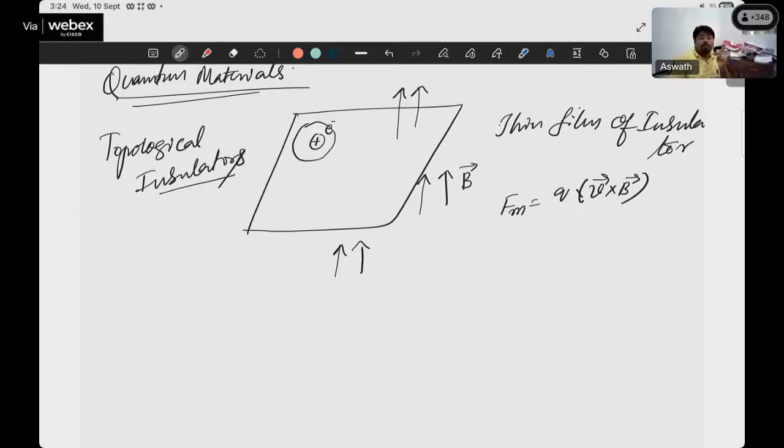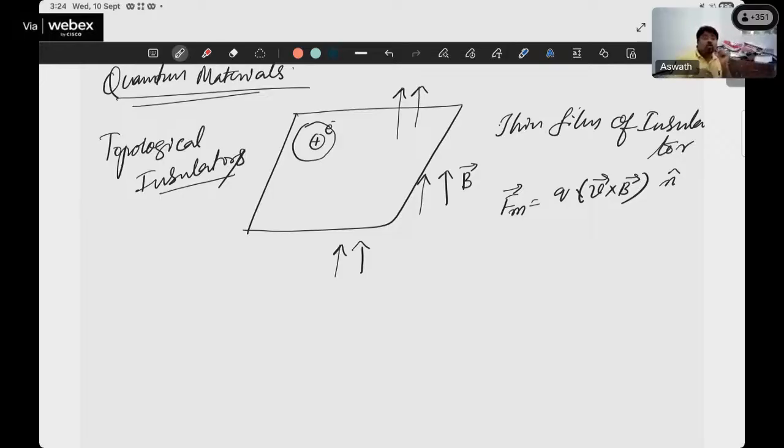If I take the charge, the magnetic field is along the direction of the middle finger, and the index finger shows the movement of the electron, and a force is generated perpendicular to V cross B. Let's say V is on the plane and B is perpendicular to the plane, so the force would be on the plane itself.